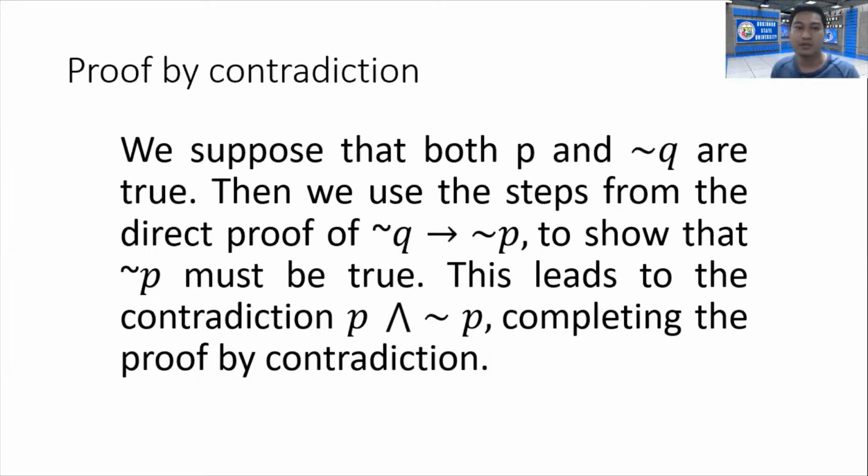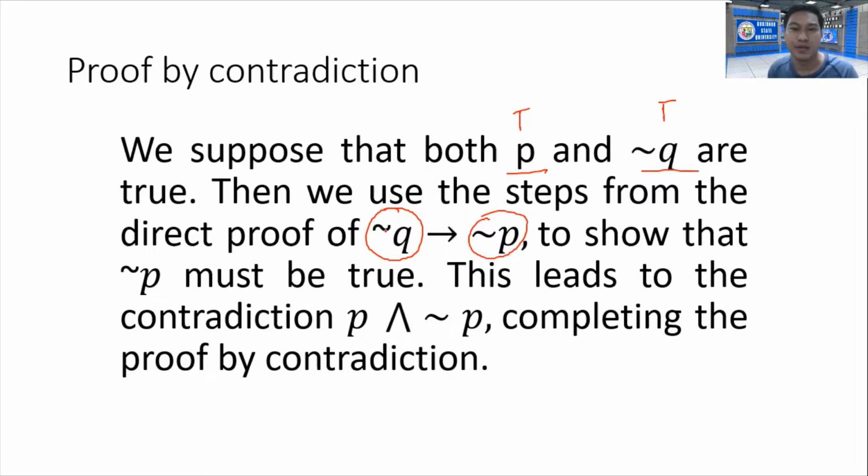So take note for this one. We suppose that P is true, and then the negation of Q is also true. So these are our assumptions. Then we make use of the negation of Q in the first steps, and we need to come up with the negation of P as an output.